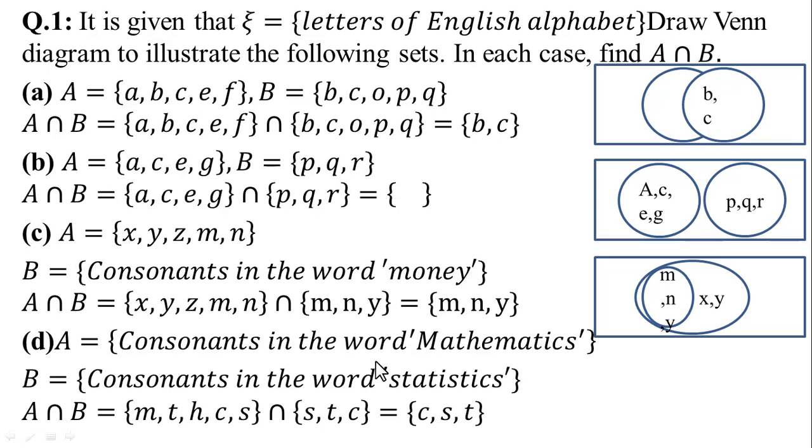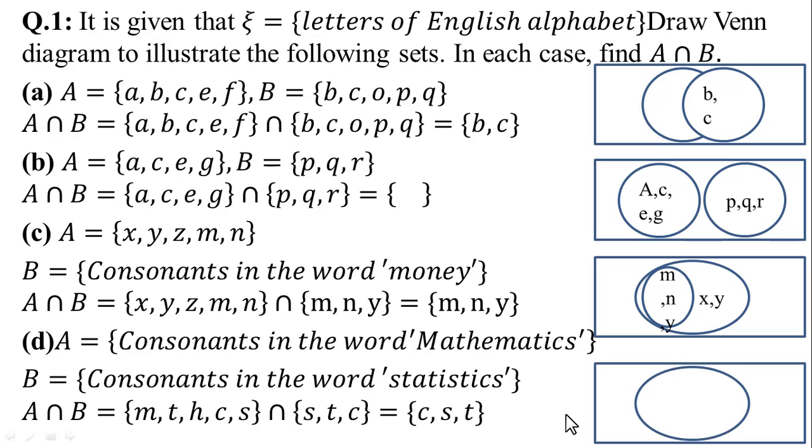So take the intersection A intersection B. In the first set A the elements are M, T, H, C and S, and in the other set S, T and C. Now B is contained in A, so the answer of the intersection is C, S, T. Now we draw the Venn diagram. First of all, the universal set. Now draw the first set and draw the second set inside the first set. So this is the answer for part D.